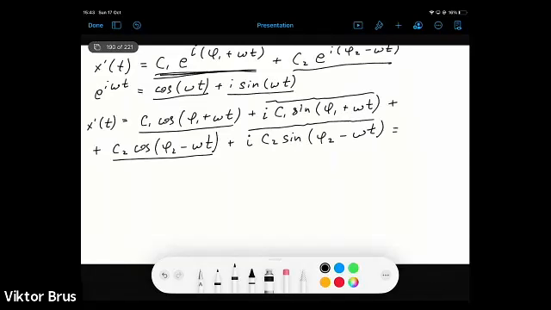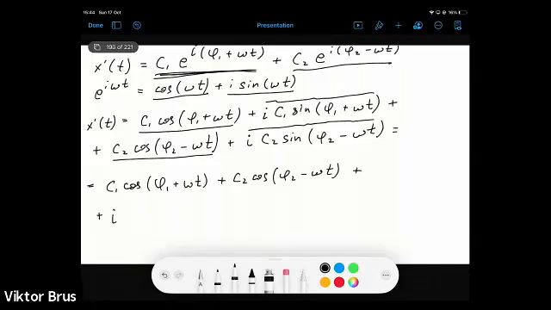So that will be equal to C1 times cosine(φ1 + ωt) plus C2 times cosine(φ2 − ωt), and plus, now we are done with the real part.